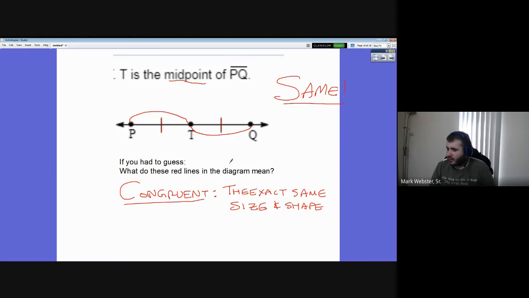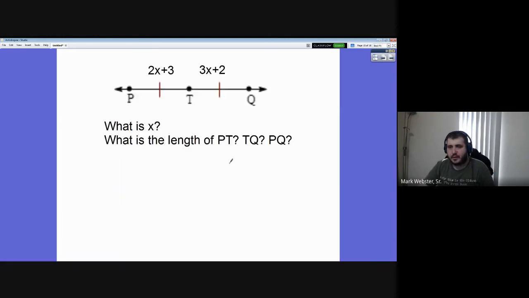And that's what that means. So if you have a situation like that, look, they tell you that PT has a length of 2x plus 3. They tell you TQ has a length of 3x plus 2. They give you the little red marks in the center, which means that they're the same size. If they're the same size, what does that mean about the length of PT versus the length of TQ?